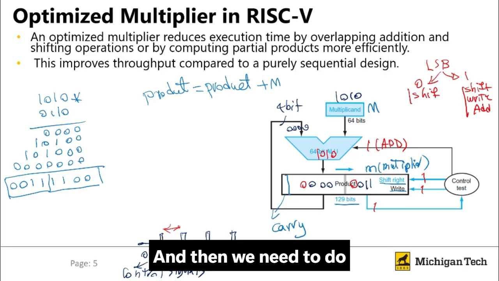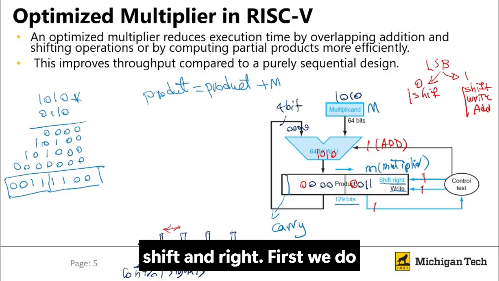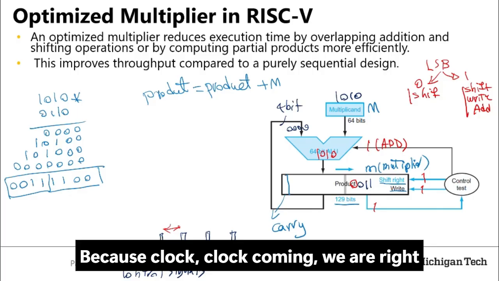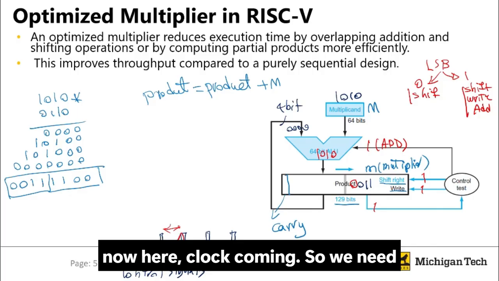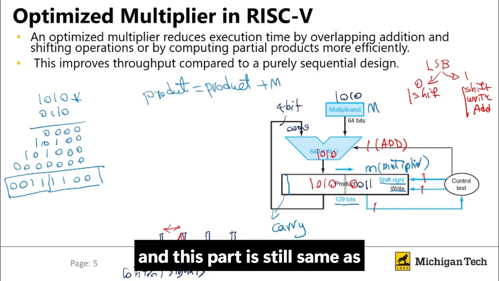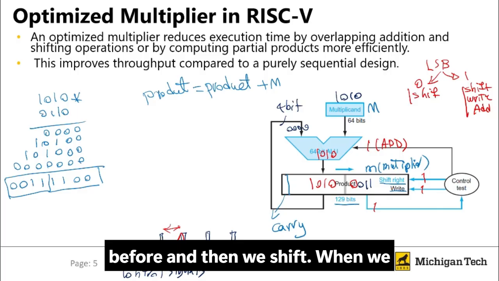And then we need to do shift and write. First we do write, because the clock is coming, we are right now here. The clock comes, so we need to do write. We do write here, and this part is still the same as before. And then we shift.